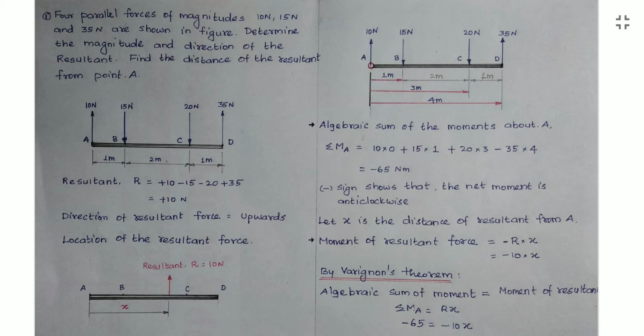In the bar, I am going to find the moment about A, so I have to assume that the bar is supported at A. The bar is hinged at A. Then consider this 35 Newton force, which is acting upwards.